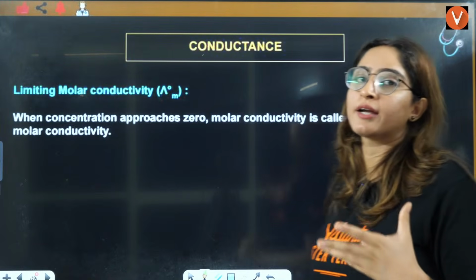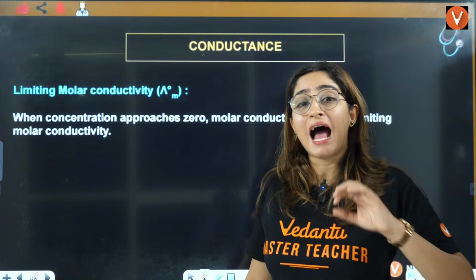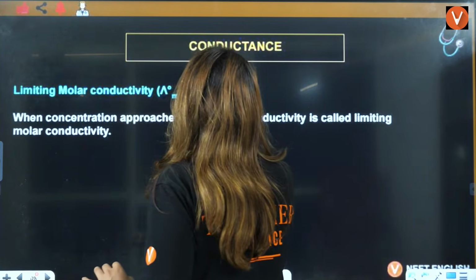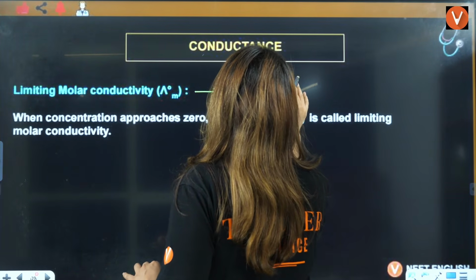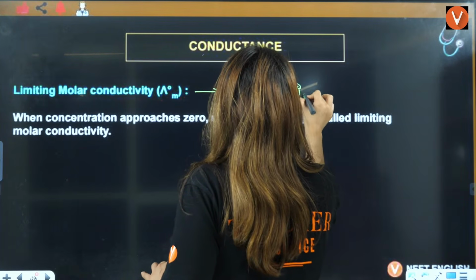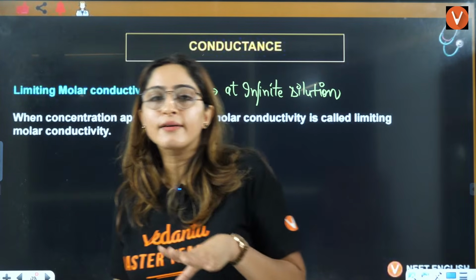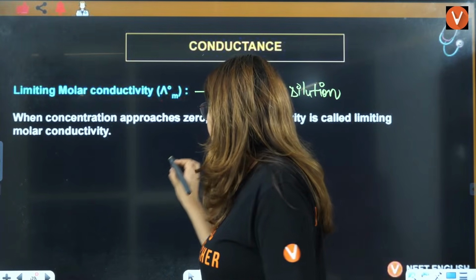See, limiting molar conductivity means now you are keeping this particular solution at infinite dilution, right? So at infinite dilution, what is the molar conductivity? What you are keeping as the molar conductivity at infinite dilution is defined as limiting molar conductivity.